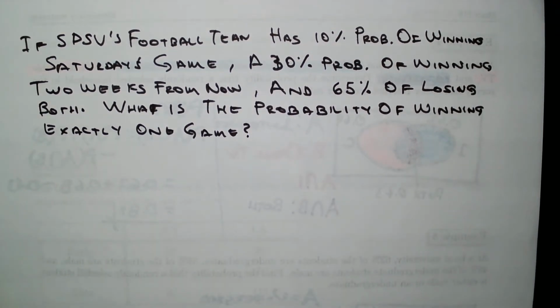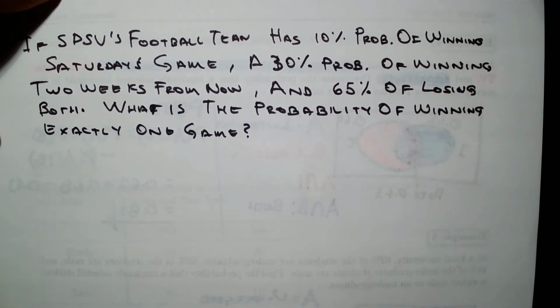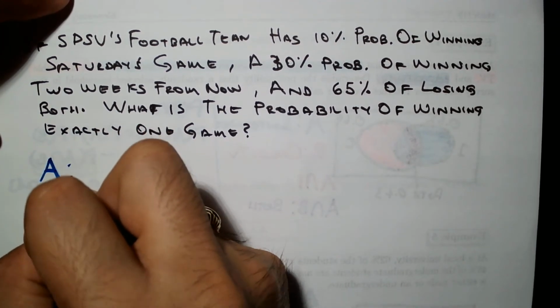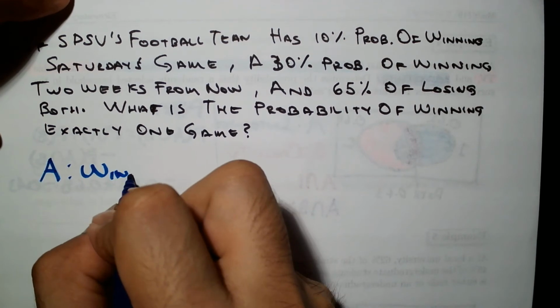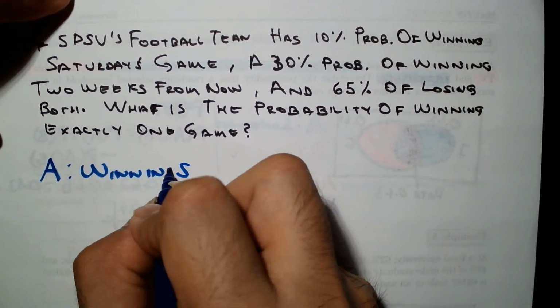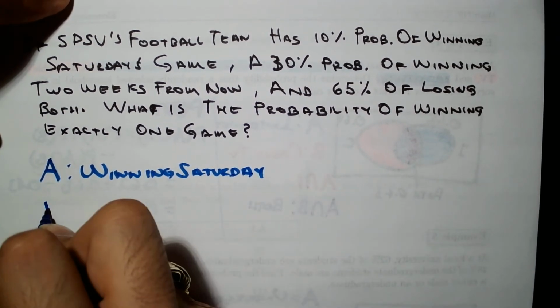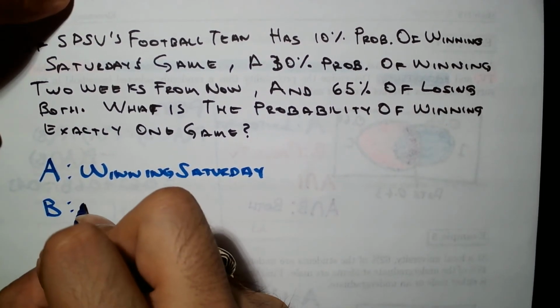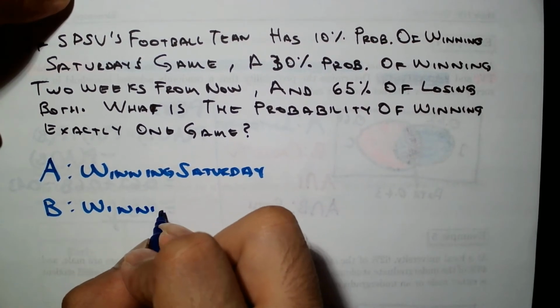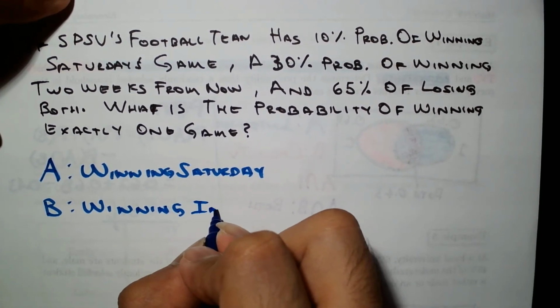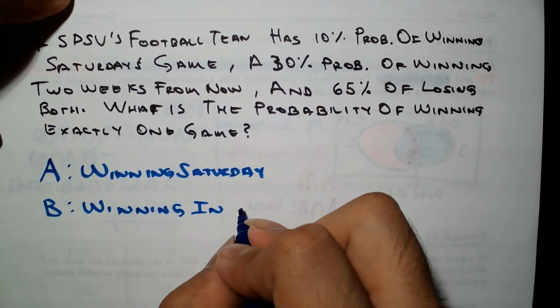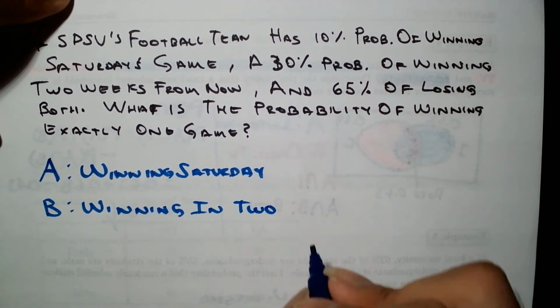Alright, so in this case, let's define the three events that we have. I'm going to define event A, which is winning Saturday. I'm going to define B, which is winning in 2 weeks.